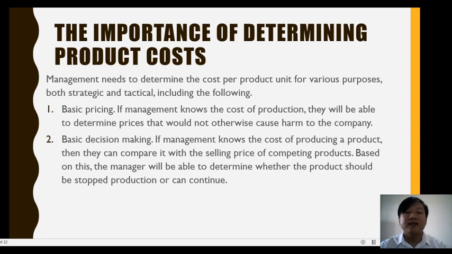Second, basic decision making. If management knows the cost of producing a product, then they can compare it with the selling price of competing products. Based on this, the manager will be able to determine whether the product should be stopped or can continue.